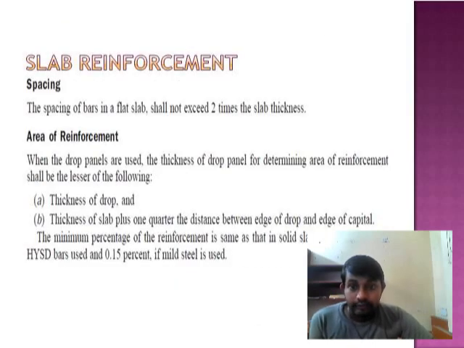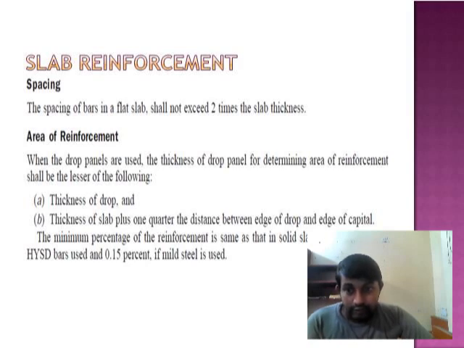Slab reinforcement. The spacing of bars in a flat slab should not exceed 2 times the slab thickness. Area of reinforcement: when drop panels are used, the thickness of drop panel for determining area of reinforcement shall be the lesser of the following, as per design code IS 456.